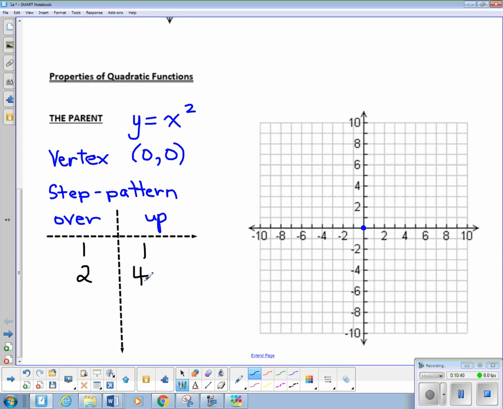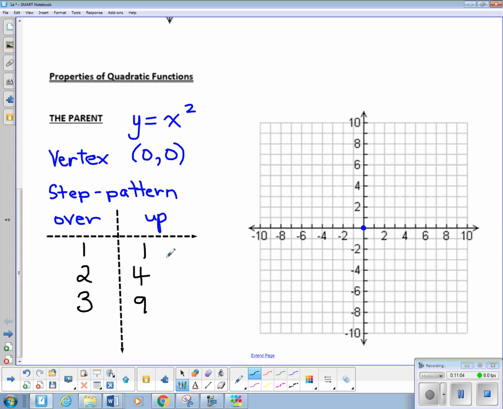And finally, because I think we only need one more point, we go back to the vertex and go over 3. 3 squared is 9. So this is the step pattern, and when I'm back in class tomorrow, you're going to see me jumping around doing this step pattern all over the tiles on the floor, because it's one easy way to remember how to graph.